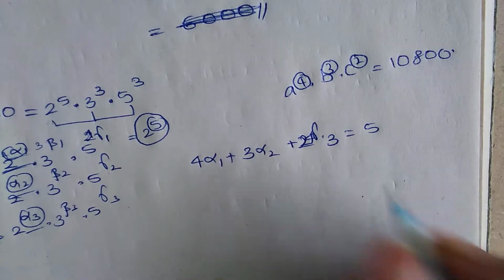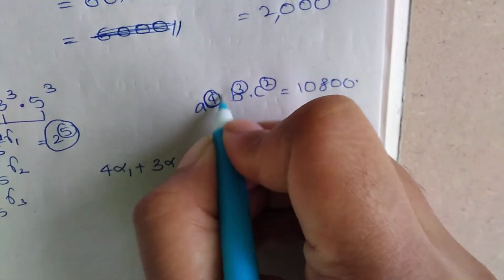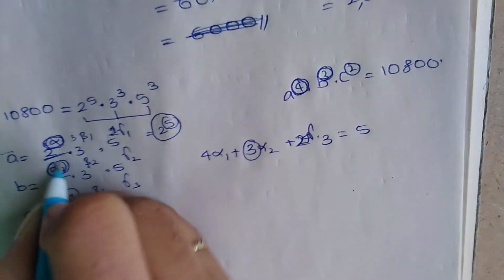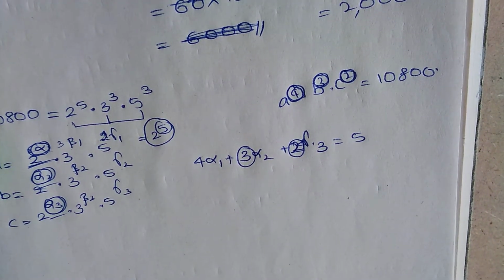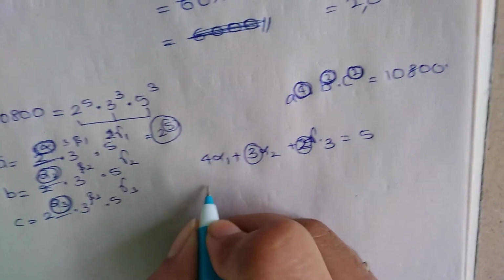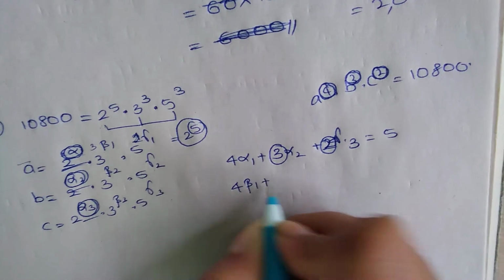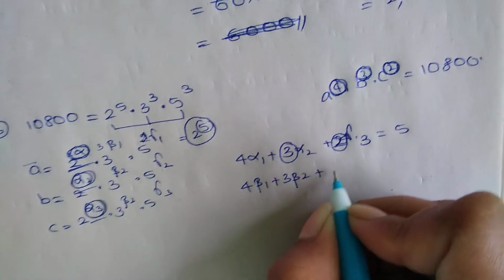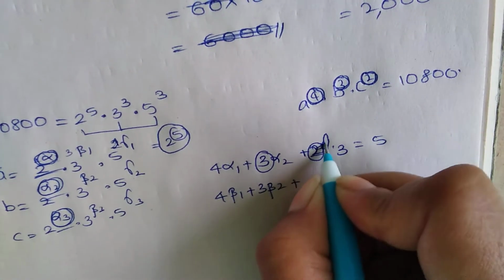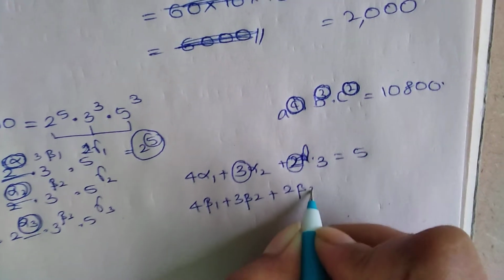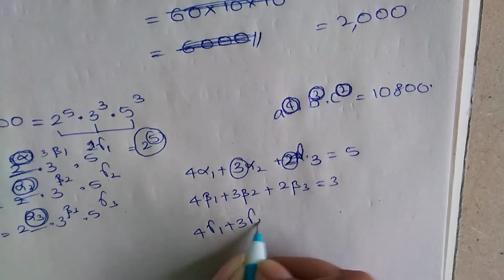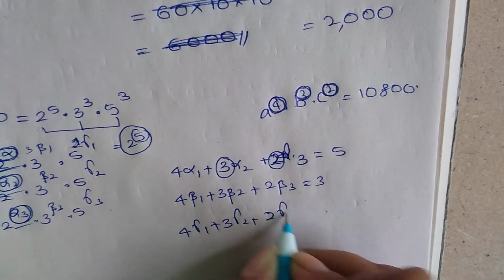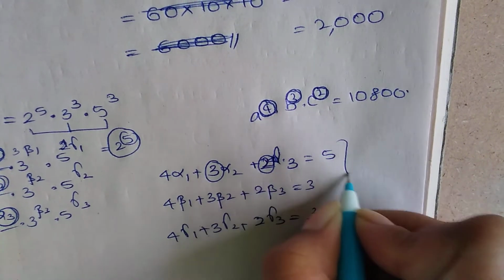Yes or no? How? You see here, 4 alpha 1, 3 alpha 2, 2 alpha 3. Are you all getting it? Now, in the same way, 4 beta 1 plus 3 beta 2 plus 2 beta 3 is equal to 3. 4 gamma 1 plus 3 gamma 2 plus 2 gamma 3 is equal to 3.